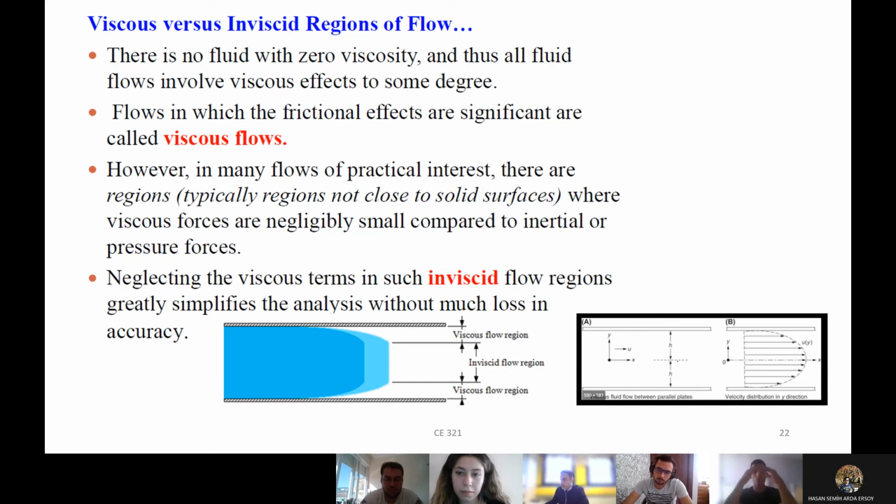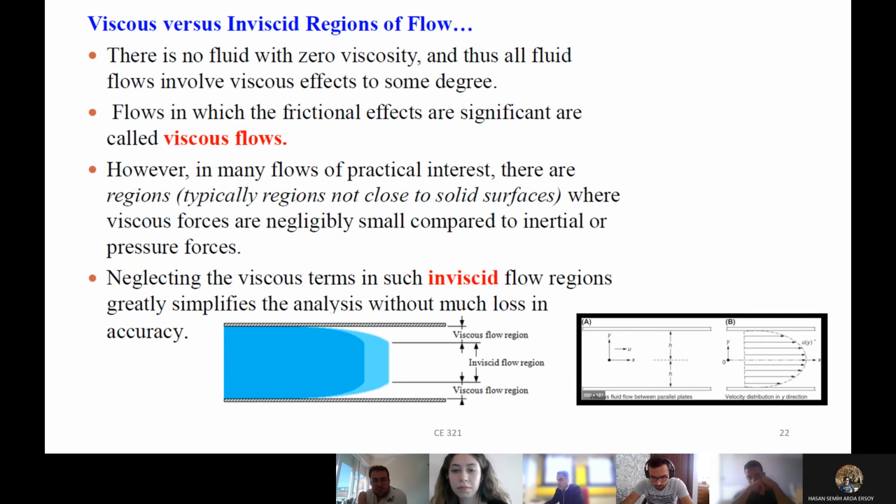When we move closer to the wall, the velocity of flow decreases. Give careful attention to this figure. This is the velocity distribution within a pipeline or between two plates. Water moves between two plates.